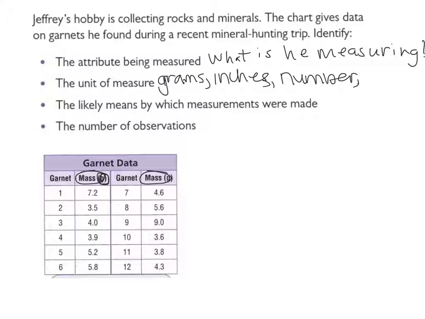Now the likely means by which measurements were made: how do you think he measured the weight? What do we usually use to measure weight? It actually doesn't say anywhere on this chart. What do we usually use to measure weight? That's what you're going to think of. And the number of observations, that's how many different garnets did he look at. So we're going to find that by counting up these numbers here.